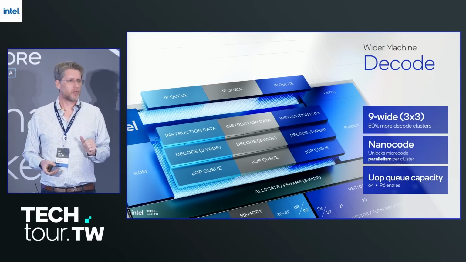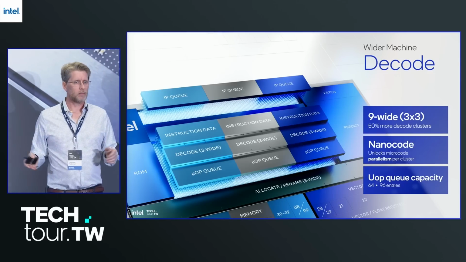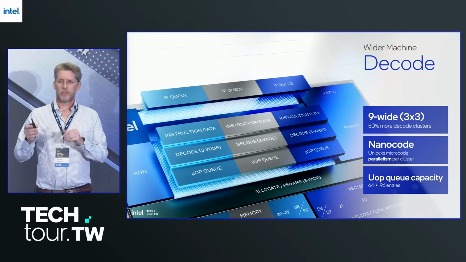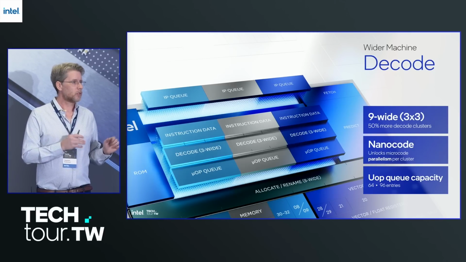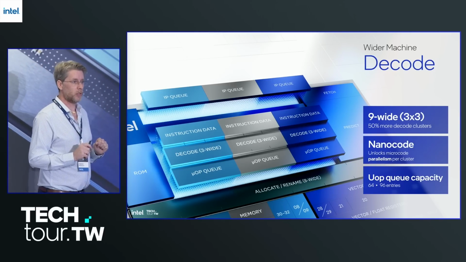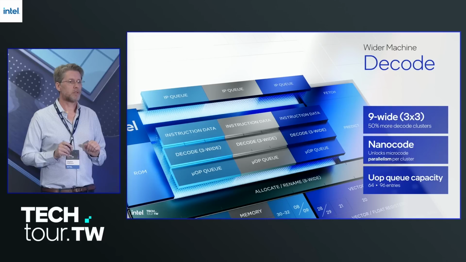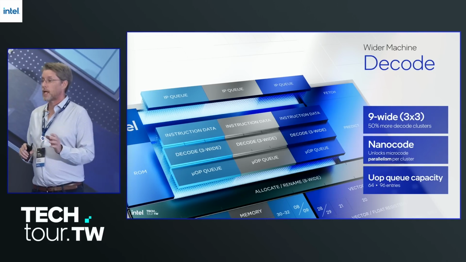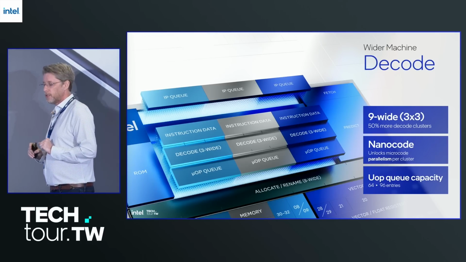Take a gather instruction or something along those lines that we would have to generate 2, 3, 10 UOPs. Now, cluster 0 can happily generate gather UOPs. Cluster 1 can also generate gather UOPs if that's what it's doing. And cluster 2 continues decoding whatever it wants out of order. So nanocode is that next thing that kind of adds to the bandwidth and gets more reliable decode.